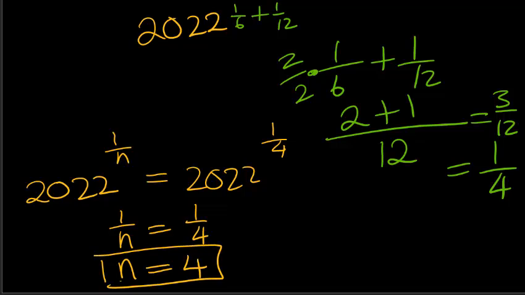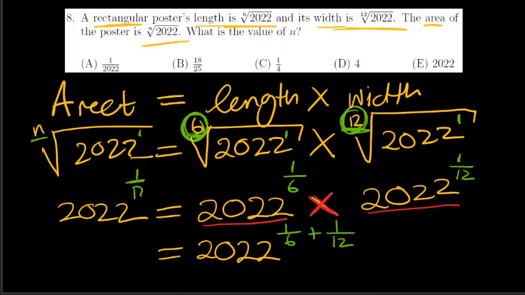Let's go over it again. We used the formula for area, then we substituted the values as given in the statement. We changed our surd forms into exponents in order to make them easier to see. Then we use the law of exponent that says when you multiply, you add the exponents because we have the same base.